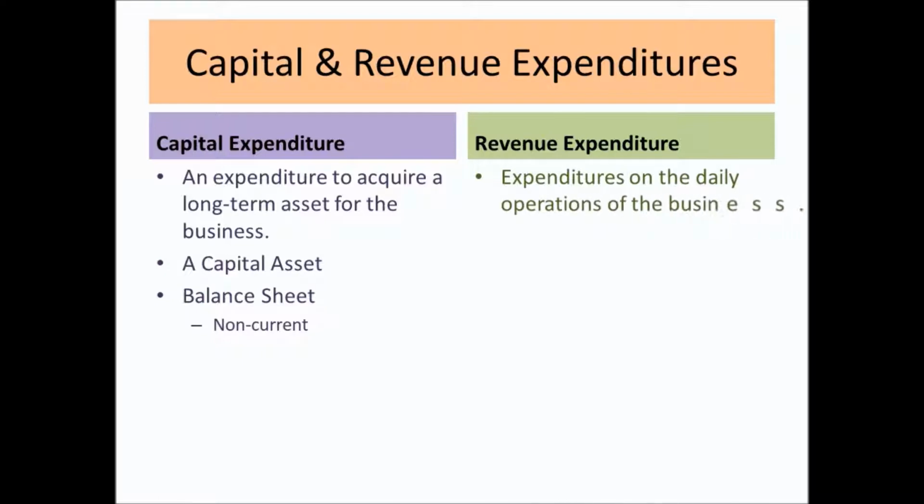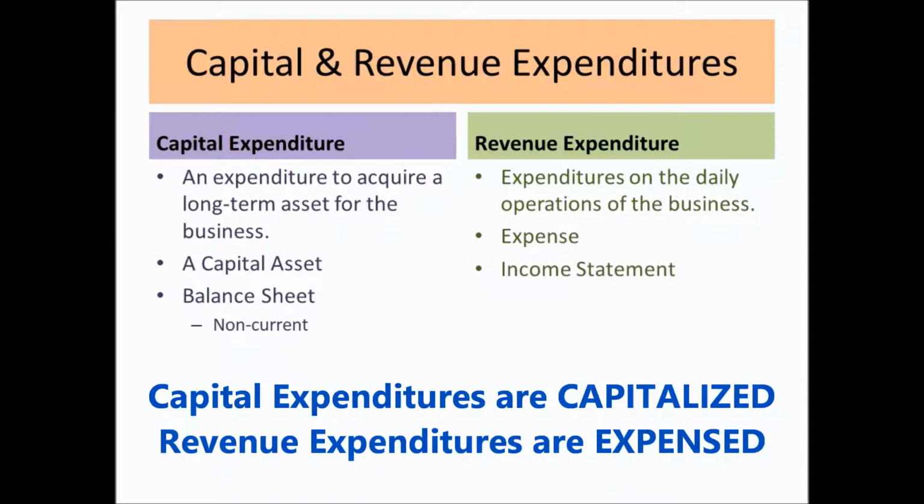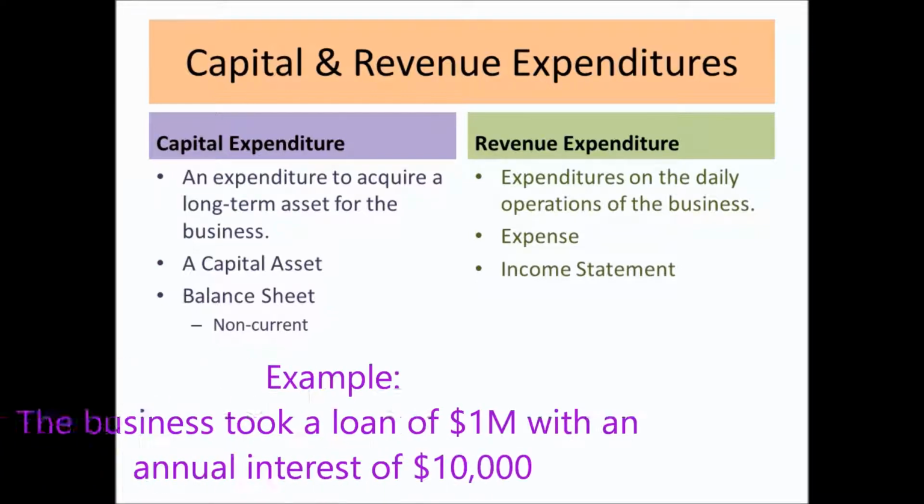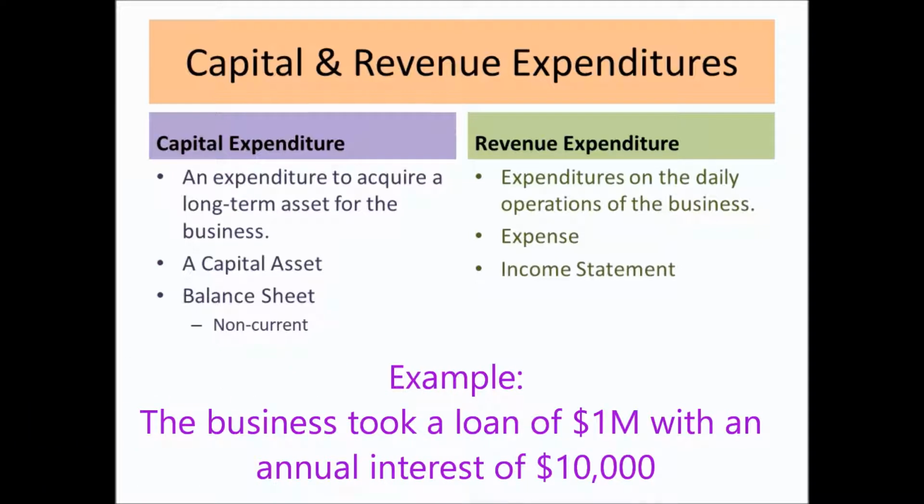On the other hand, the revenue expenditures are expenditures on the daily operations of the business. These are expenses and will be reported on the income statement. As an example, the business had a bank loan for the amount of $1 million, and it has an interest of $10,000.